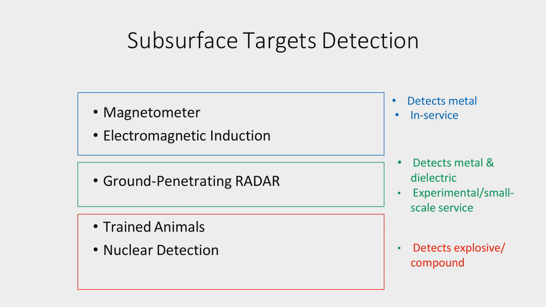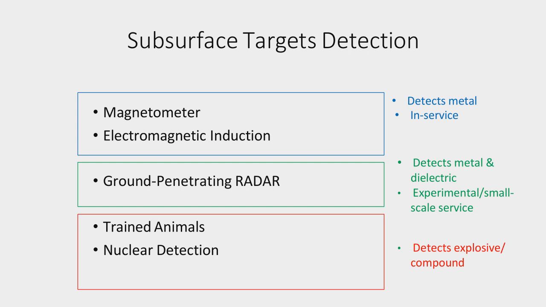So when we talk about target detection, immediately we look at the sensing or detection technologies. Nowadays we have magnetometers and electromagnetic induction systems, which detect metals and are widely used for detecting targets. Then we have ground penetrating radar, which operates at high frequencies and detects metals as well as dielectrics.